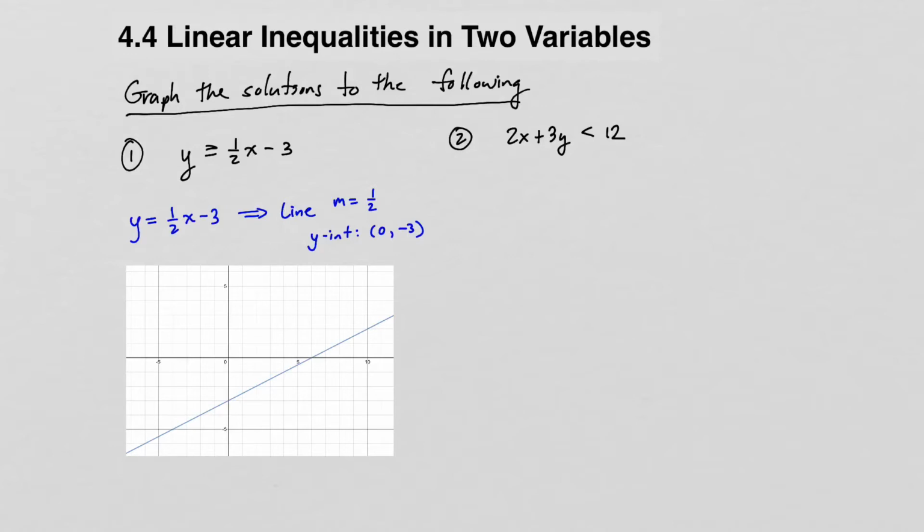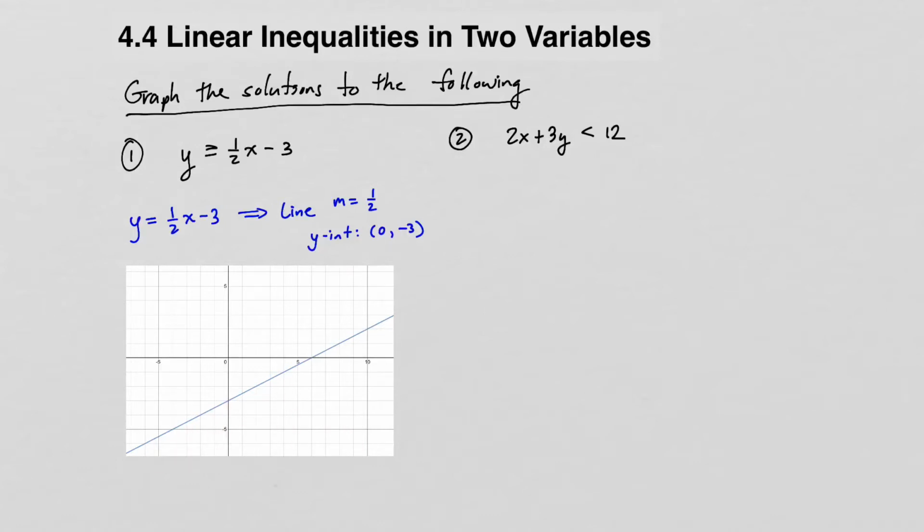So all the points on this line satisfy the equation y equals 1/2 x minus 3. So the only thing we need to discuss is how do we graph the points that satisfy the greater than part? Well, this basically involves shading, and we're going to shade either above the line or below the line.